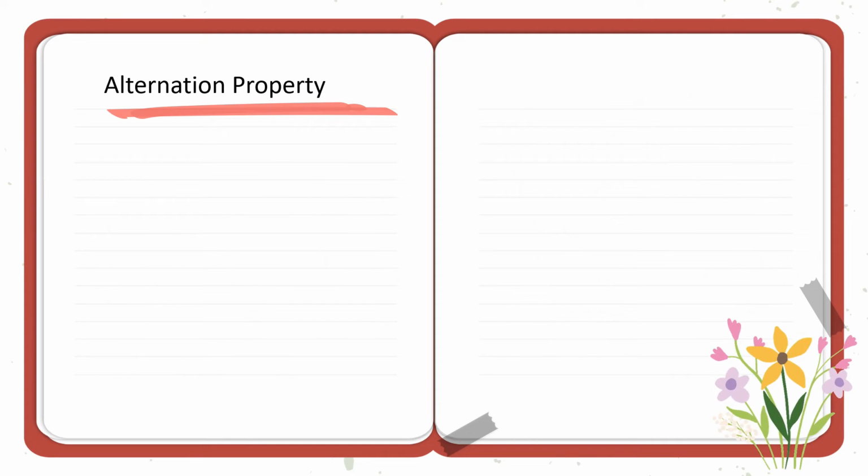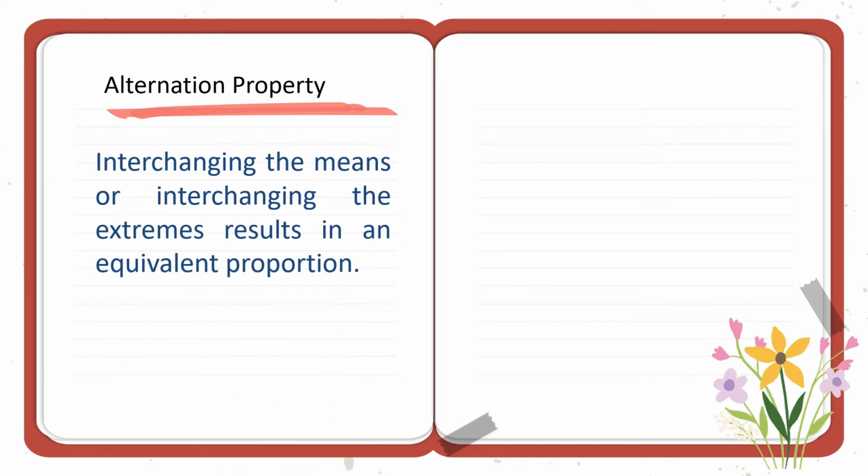The second property is the alternation property. Interchanging the means or interchanging the extremes results in an equivalent proportion.